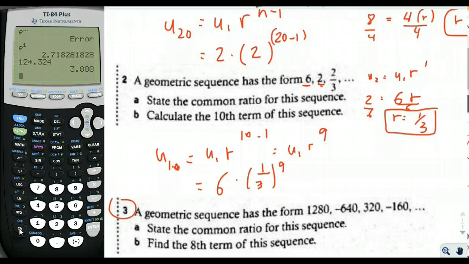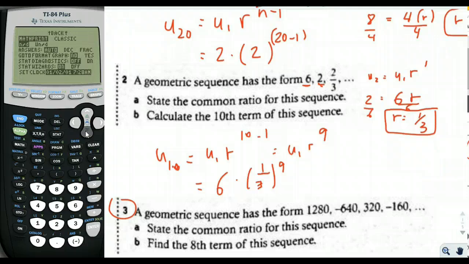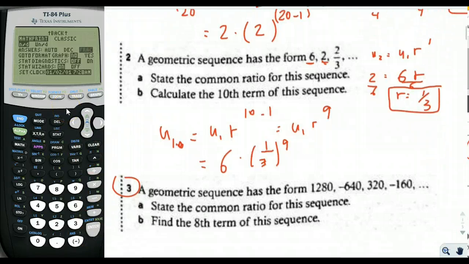It's also even easier. You just go mode, and then we look for, let's see, yeah, we go to our answers and we say fraction, and then it'll leave your answers in fractions.